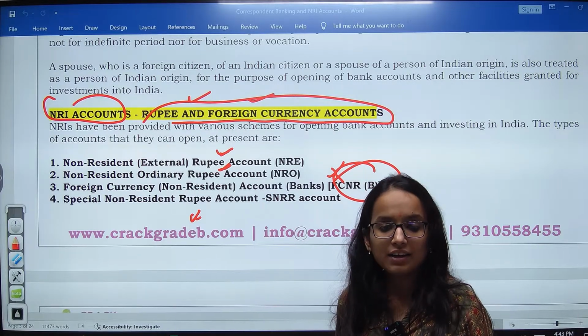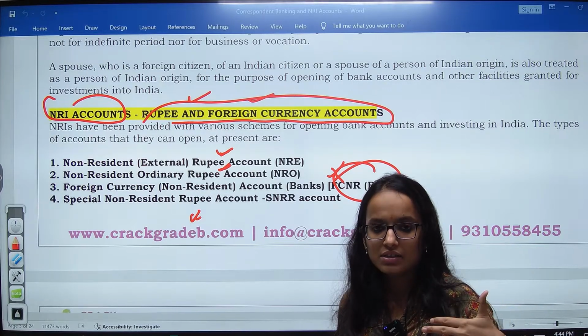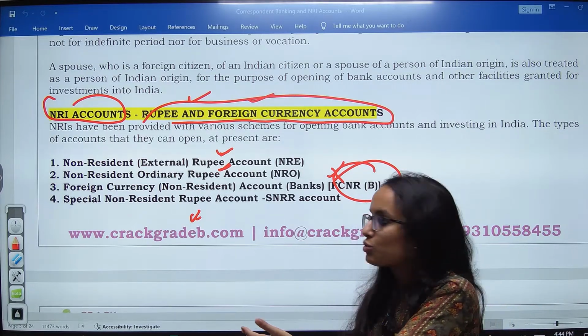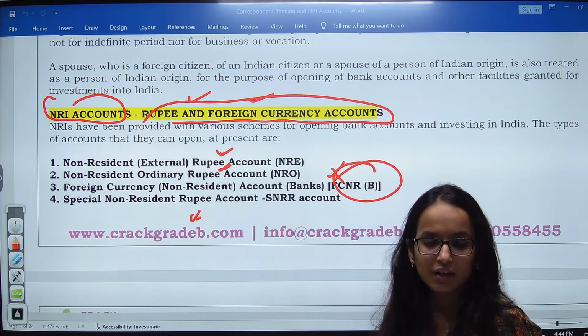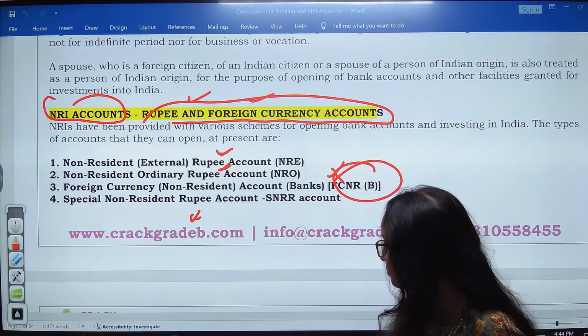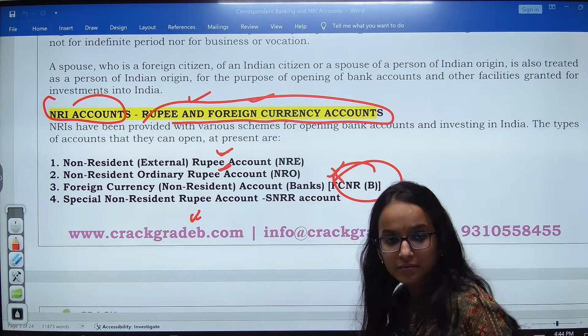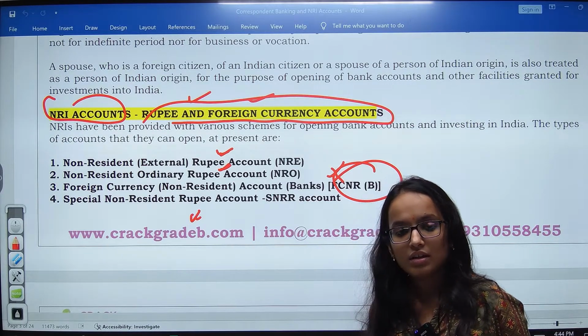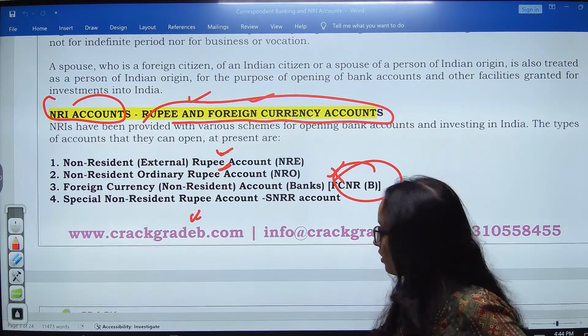So NRI accounts are both in Indian rupee, our currency, and in foreign currency as well. Three of them are in Indian rupee, and one of them known as the FCNR, foreign currency non-resident account, FCNR A or FCNR B, will be in foreign currency.